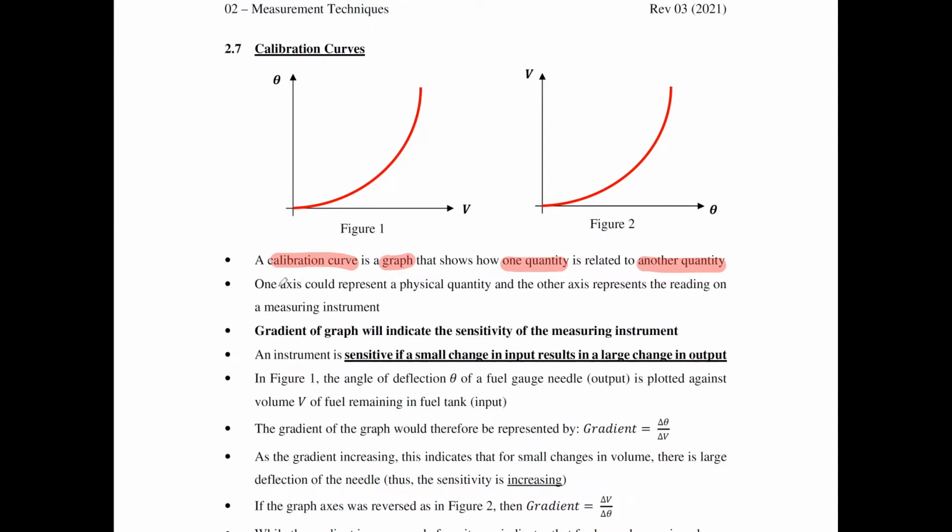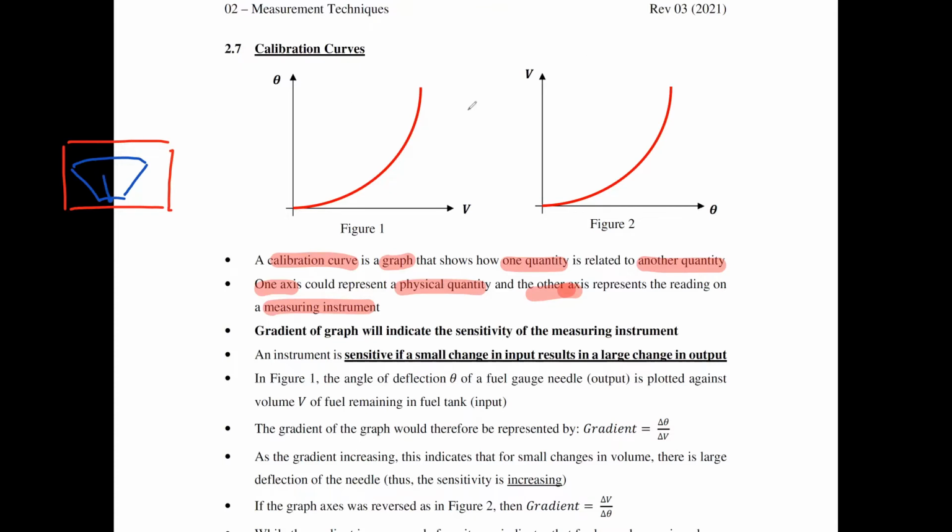A lot of times, one of the axes could represent a physical quantity, and the other axis could represent the reading of that physical quantity on the measuring instrument. What we mean by that is, say for example, if you look at the fuel gauge inside a car, there's something like a readout there with a needle.